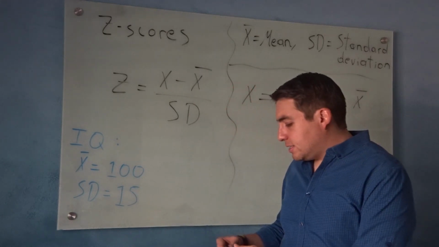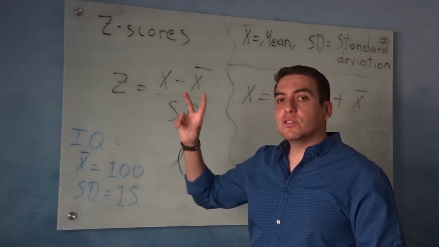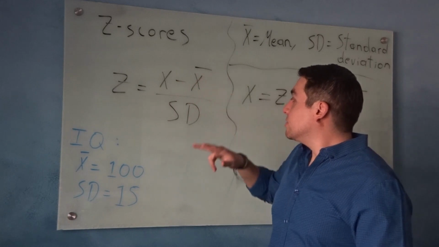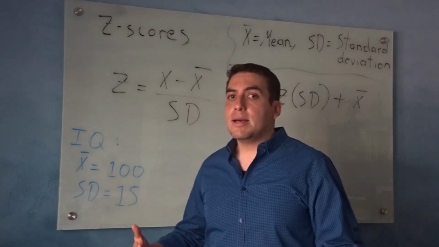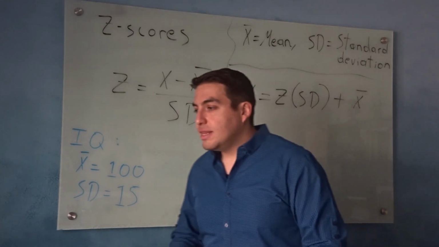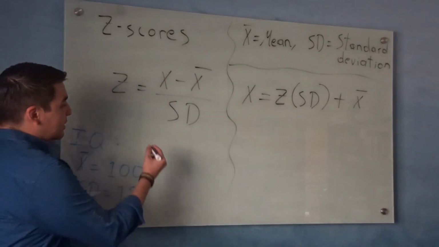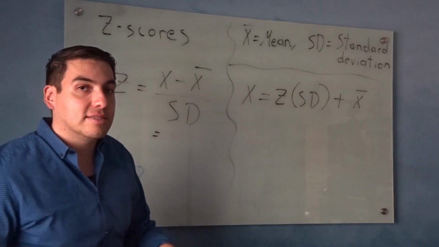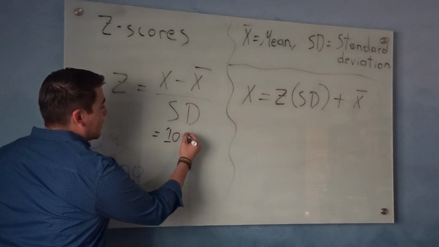So let's put up an example. X is a specific score that you have in mind. You subtract from this number the mean and you divide it by the standard deviation, and you would be able to get any number into a z-score. Let's say that you took an IQ test, and in the IQ test you got 105.